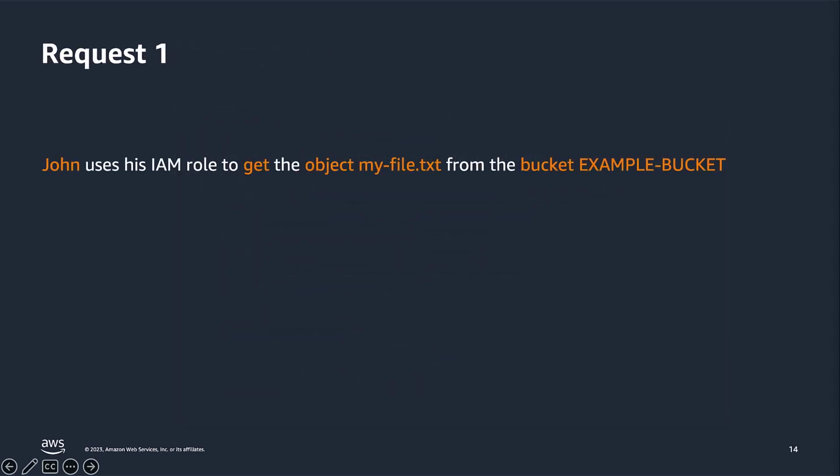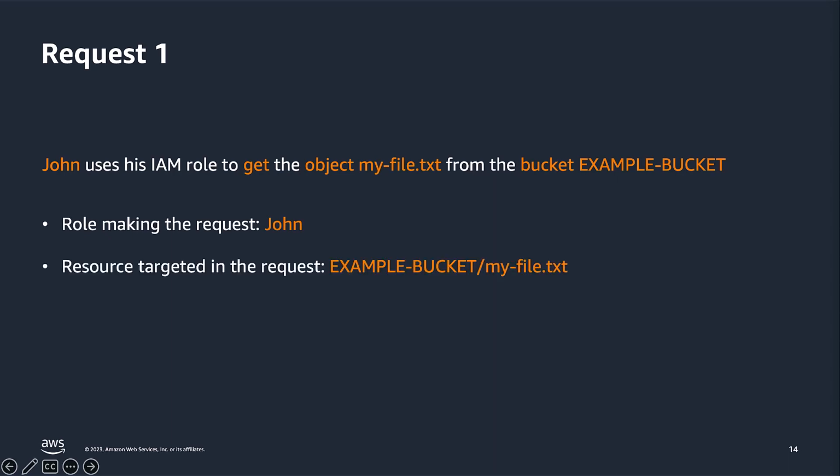Let's start with our first statement matching example. In this example, John uses his IAM role to get the object myfile.txt from the bucket example bucket. The role making the request is John. The resource targeted in the request is the myfile.txt object that lives in the example bucket.